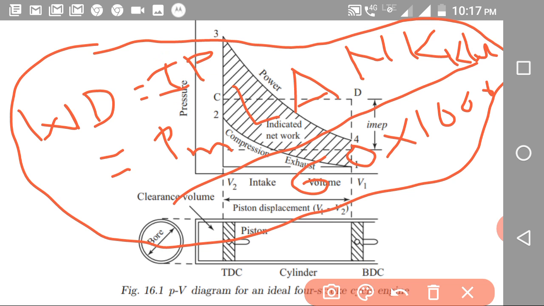This is for a two stroke engine. In case of a four stroke engine, N will be converted into N by 2. You can find the indicated power with the help of this formula.